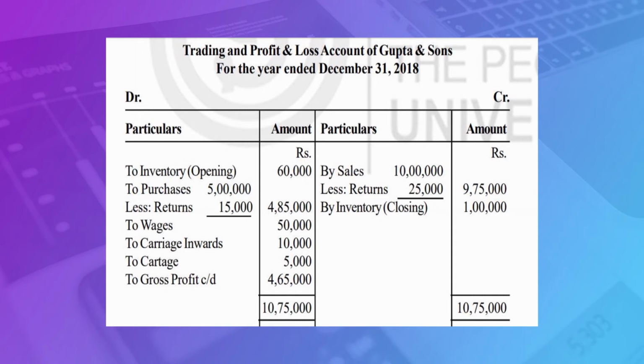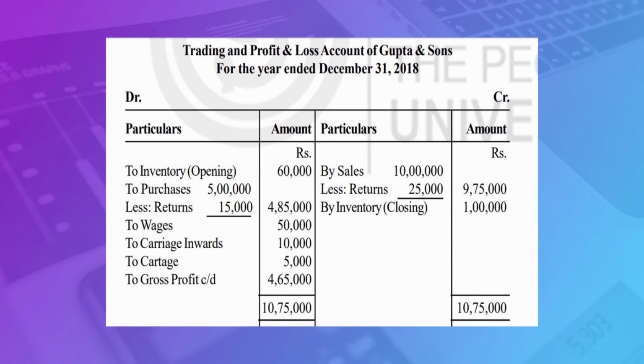So, sales is provided in the trial balance, rupees 10 lakh, less sales return. Again it is also provided in the trial balance, 25,000. So, the net balance is 9,75,000, that is net sales. Then by closing stock, the amount which could not be sold off up to the end of that particular financial year. The closing stock is given outside the trial balance.